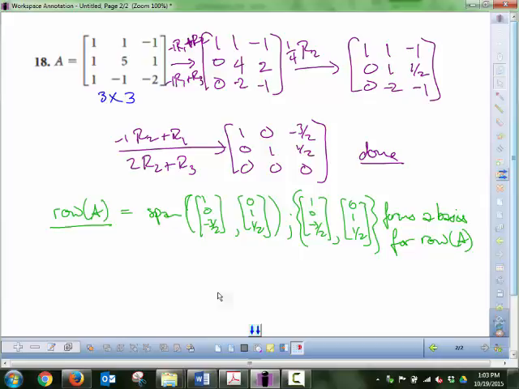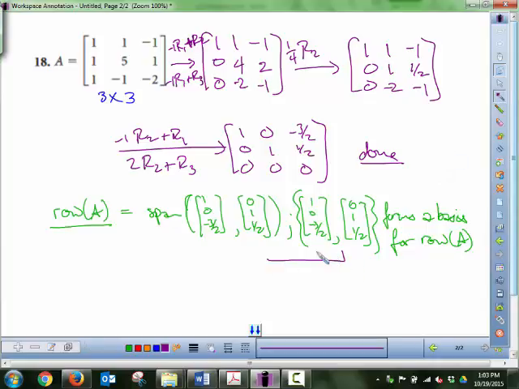Now these two vectors are linearly independent, and so I have two linearly independent basis vectors, so I can say that this subspace is how many dimensions?